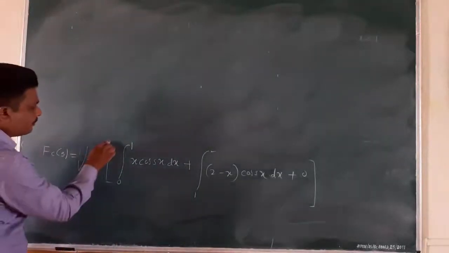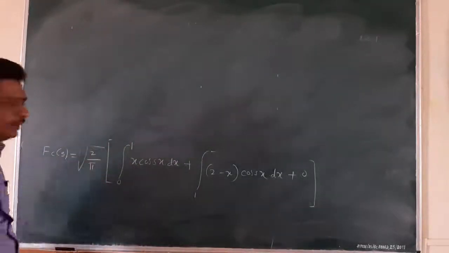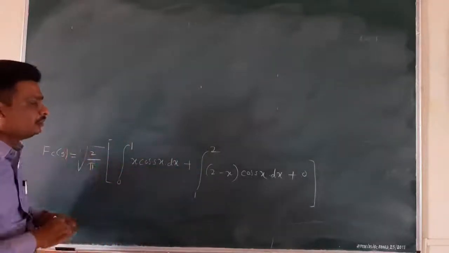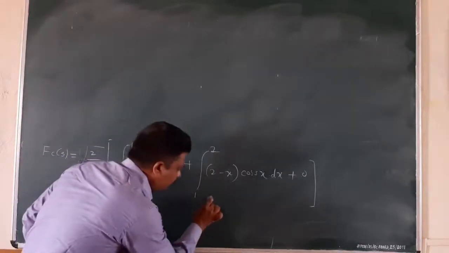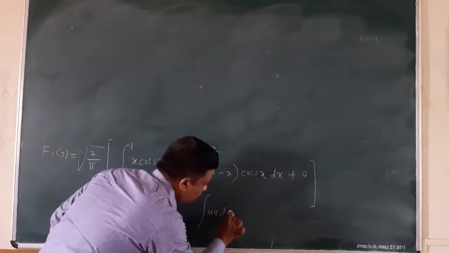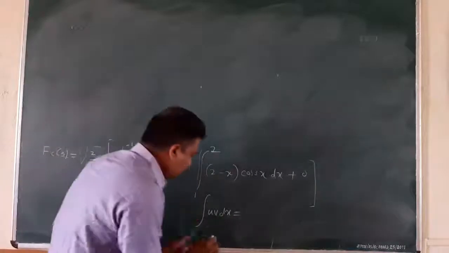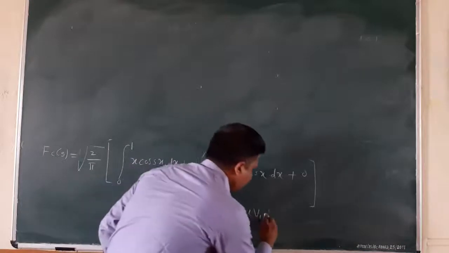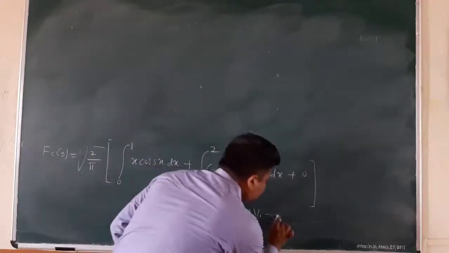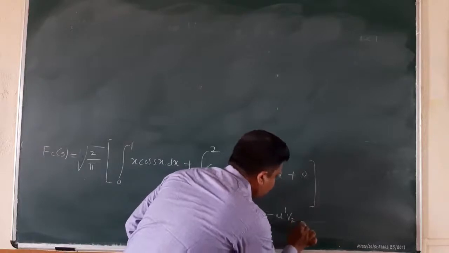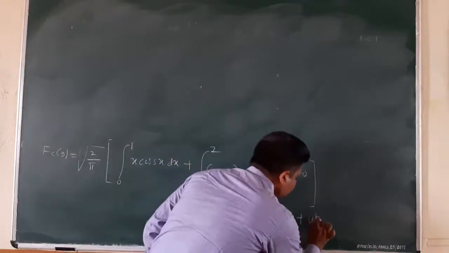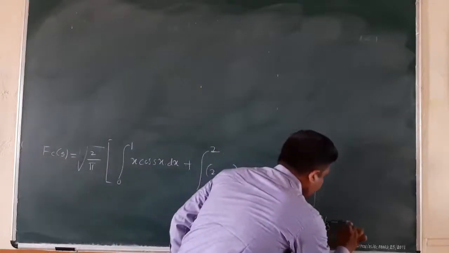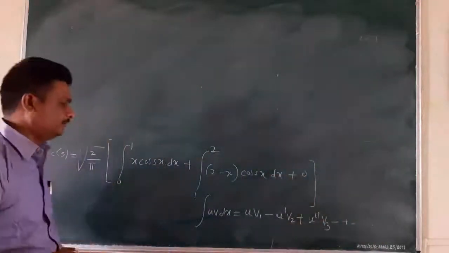So now I will integrate this one. To integrate this, I am going to use the generalized Laplace formula. So I will write this formula here: integral of uv dx. I will write u as it is, integration of v is v1, minus derivative of u is u dash, integration of v1 is v2, plus derivative of u dash is u double dash, integration of v2 is v3, minus plus and so on up to infinity.